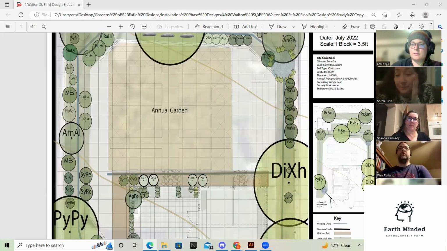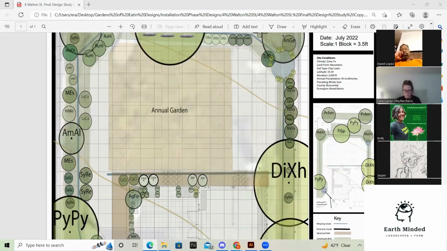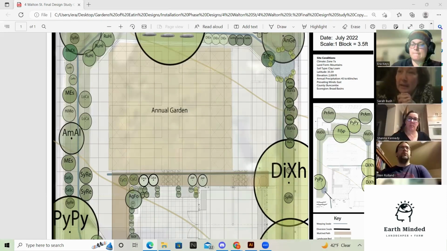No. Does it handle shade at all? It can handle some shade. I've seen it get a little burned out in the full sun. So we put thyme in between the Mazus. But on the edges where there was a little more shade or a little more moisture, the Mazus was thriving.